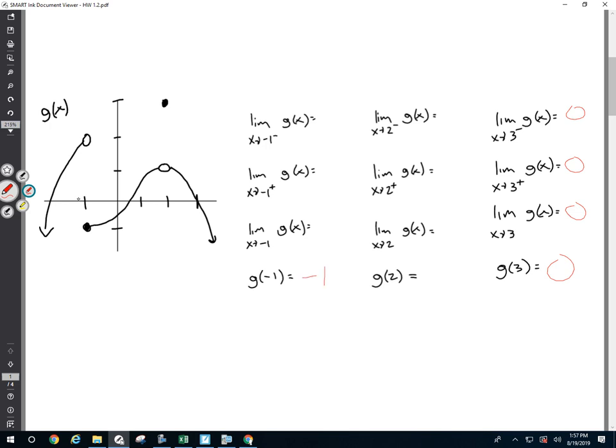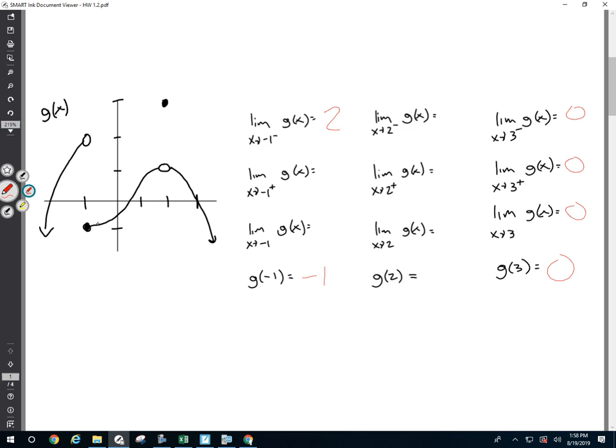To the left of -1, my function values are not down here, they are up here. As I get closer and closer to -1 from the left, my function values up here are approaching this location 2. So that left-hand limit is 2. If I'm to the right of -1, my function values are not above it, they are below it.